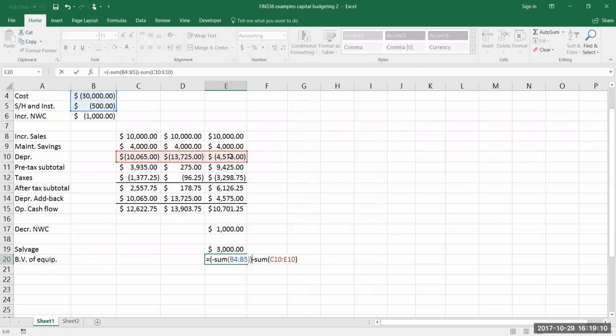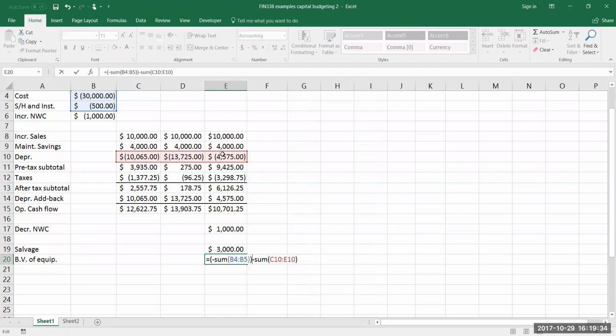So normally when you're doing cost less accumulated depreciation, you are subtracting off these positive depreciation figures that you have perhaps on a balance sheet. Well, in our case, the depreciation is already negative. So if I do negative of a negative, it's going to turn into a positive set of depreciation numbers, which means I'm, in effect, going to be adding my depreciation to my original cost, which doesn't really make any sense.